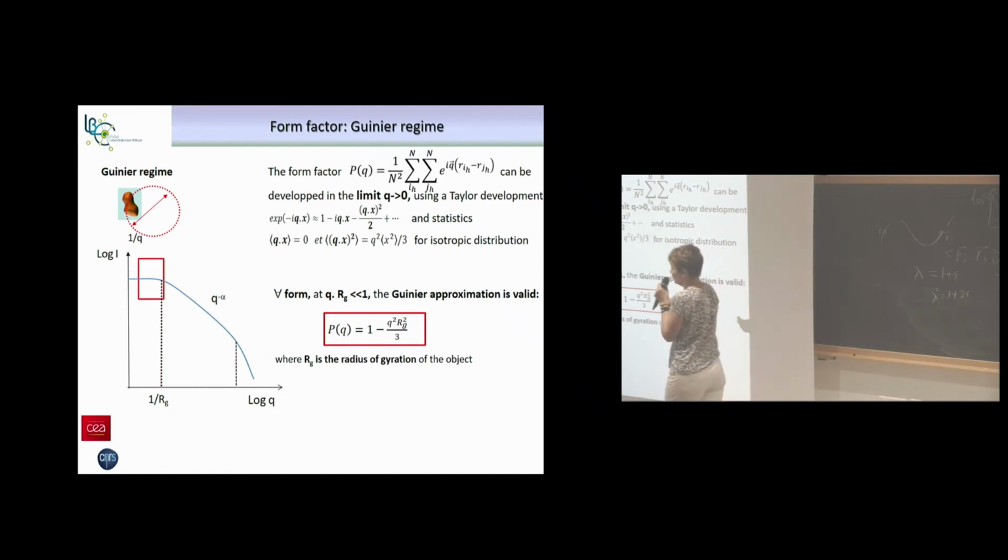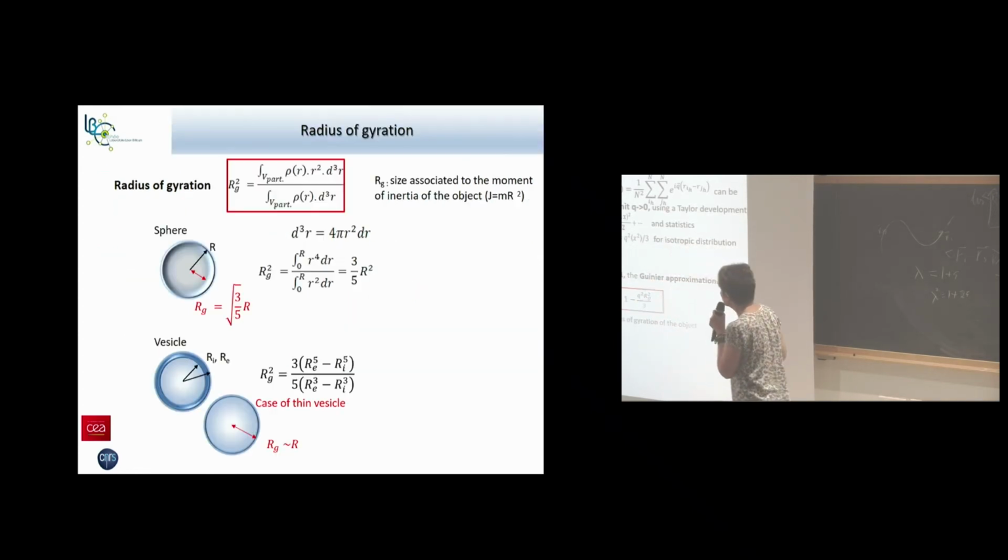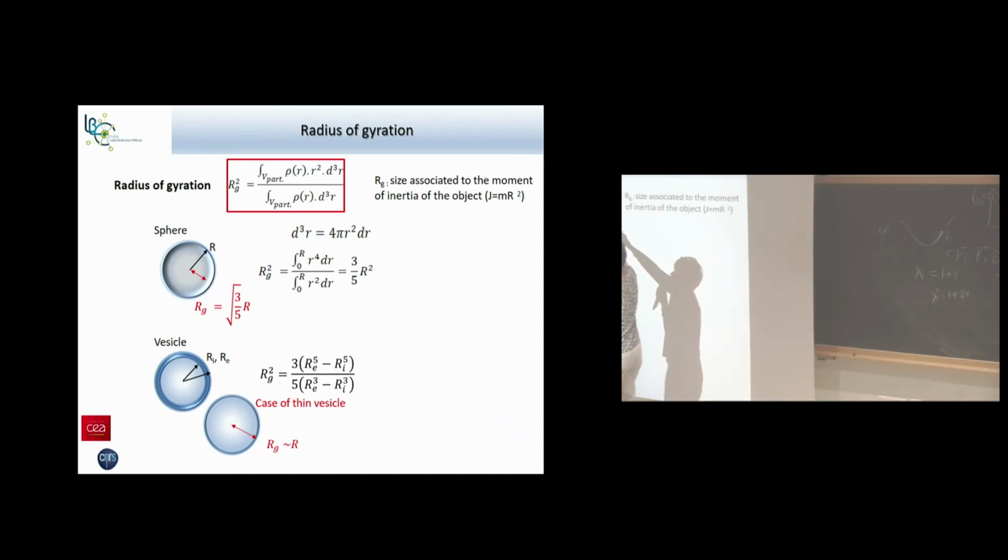Rg is the radius of gyration, the mean radius of your object. So from looking at what happens here, when you start to go down and enter this regime, you will be able to measure the mean size of the particles. So what is the radius of gyration? It is this equation: the scattering length density times R squared, divided by the variation of the scattering length density inside the particles.